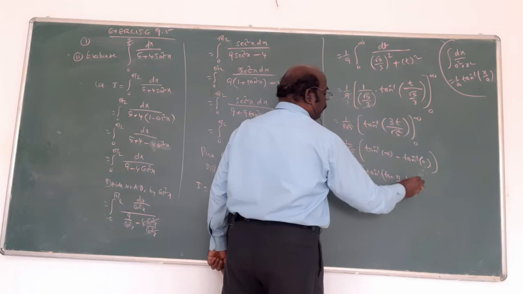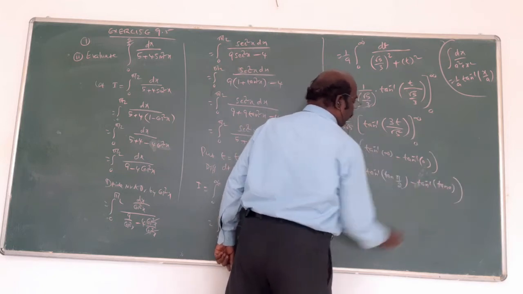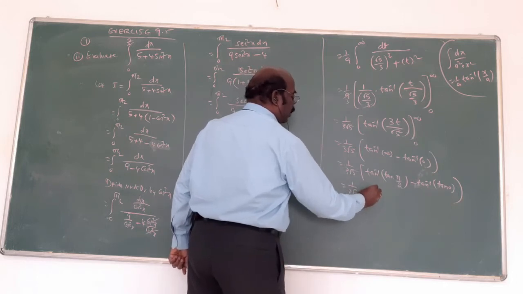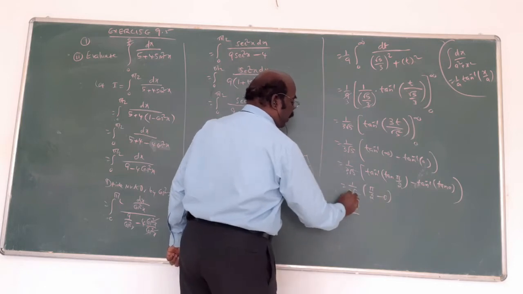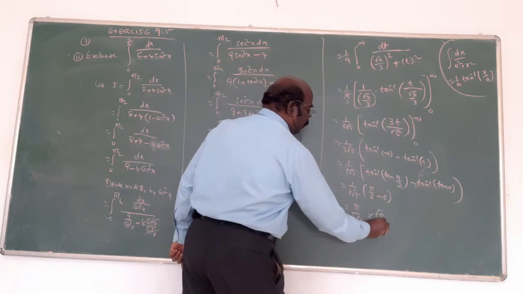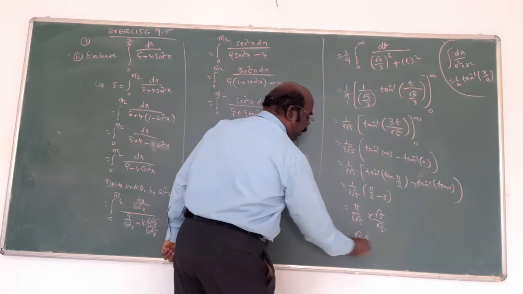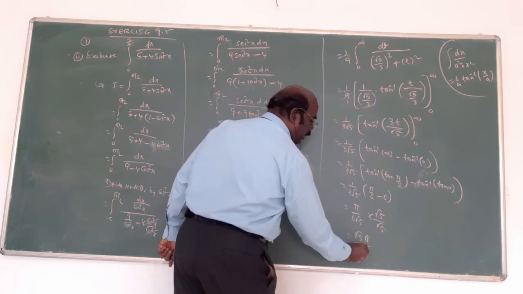Tan inverse of infinity is pi by 2, tan inverse of 0 is 0. So 1 by 3 root 5 into pi by 2 minus 0. Am I right? Pi divided by 6 root 5. The book answer is with root 5 multiplied on top and bottom: root 5 into pi divided by root 5 into root 5, so root 5 pi by 30 is the answer.